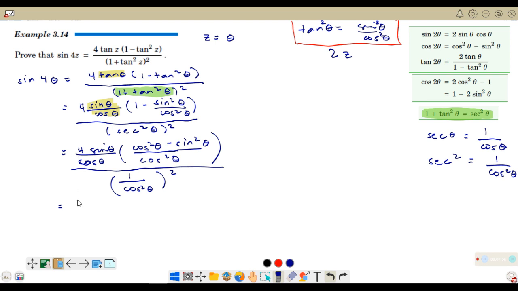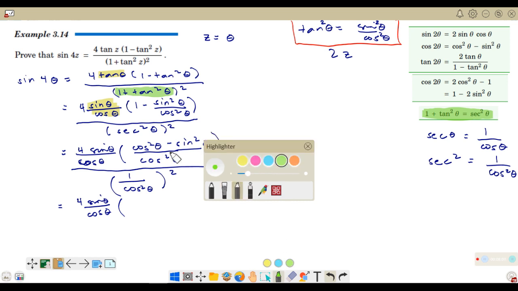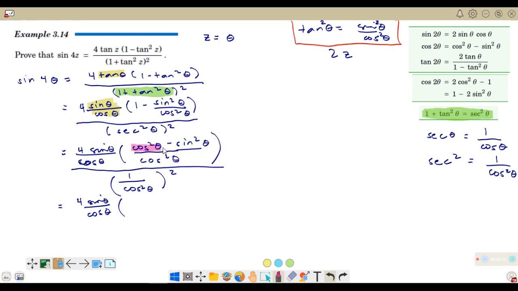We have 4 sine theta over cosine theta times... Ano yung cosine squared theta minus sine squared theta? If you are going to look at our identities, we have cosine squared theta minus sine squared theta equal to cosine 2 theta.